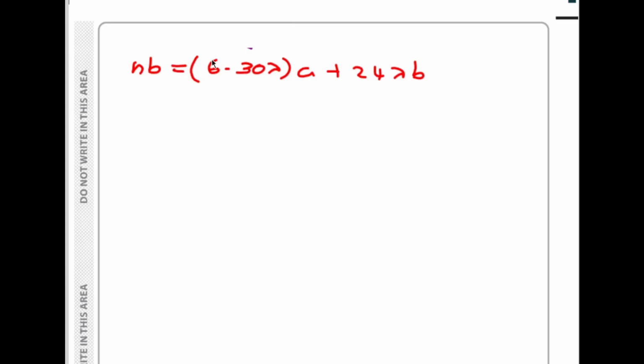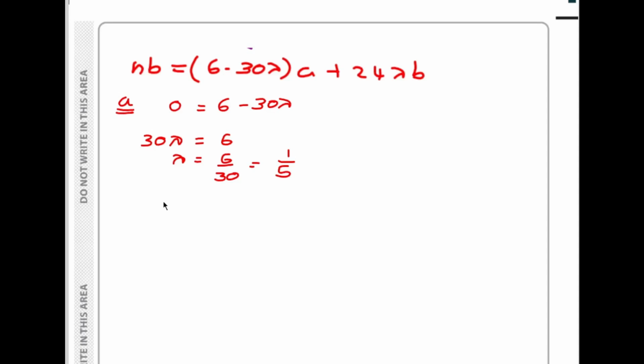Next, I'm equating the coefficients. First, the coefficients of A. On this side we don't have any A, therefore the coefficient is 0. Here the coefficient of A becomes 6 minus 30 lambda. So 30 lambda equals 6, then lambda equals 6 over 30, which becomes 1 over 5. So lambda equals 1 over 5.